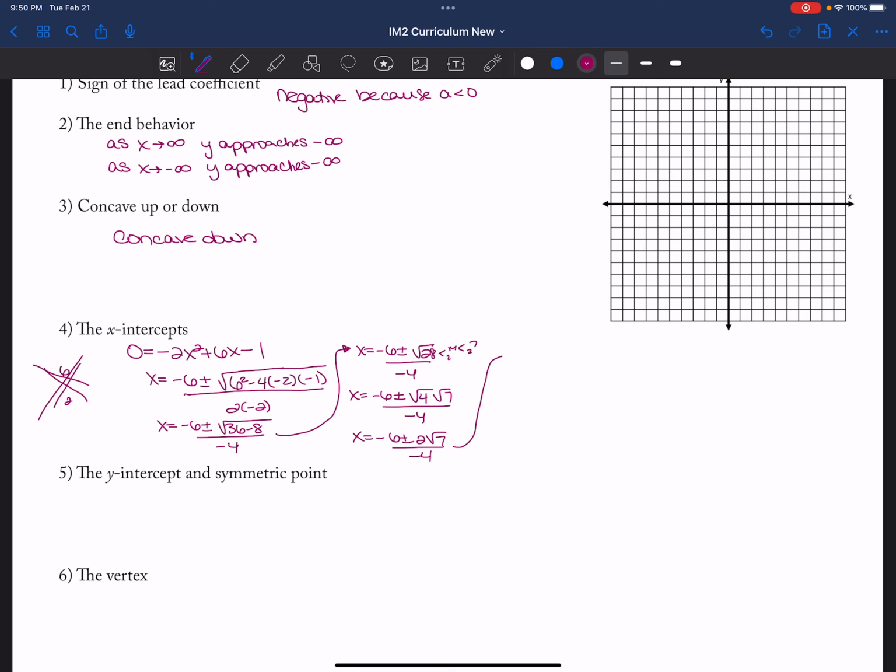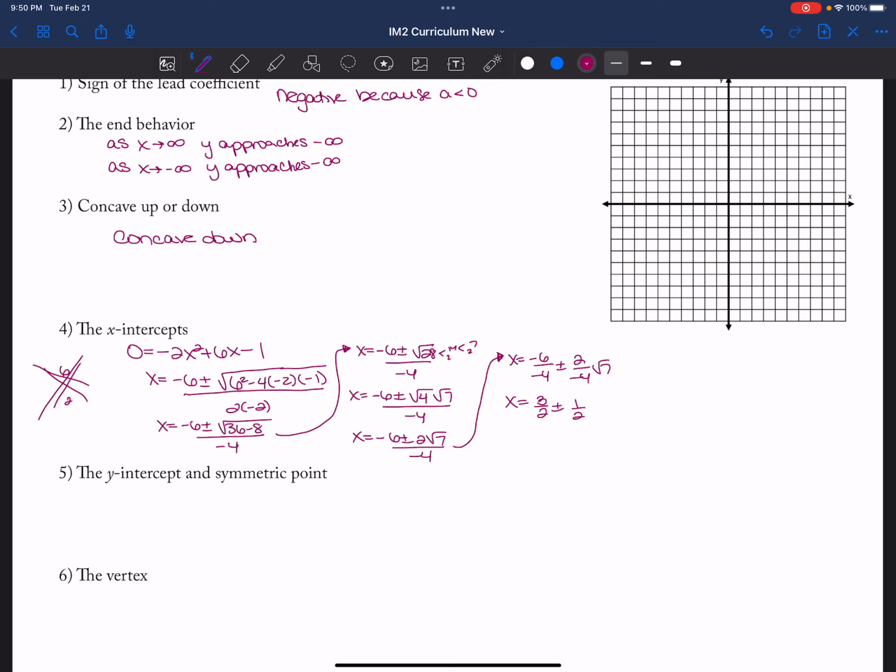Everybody is divisible by 2, so x is equal to negative 6 over negative 4 plus or minus 2 over negative 4 root 7. So this is x equals 3 over 2 plus or minus this 1/2.